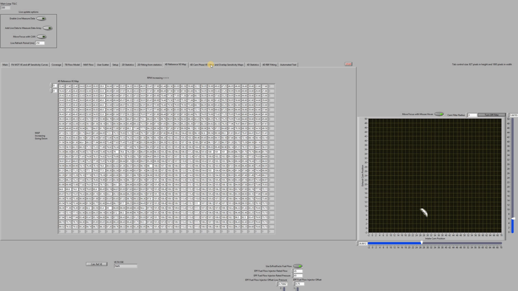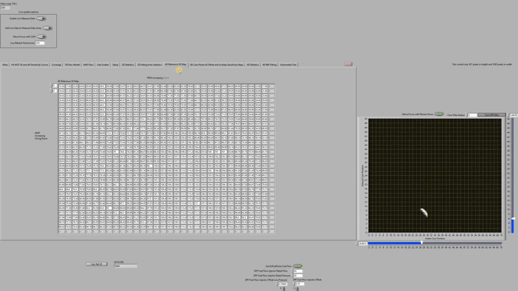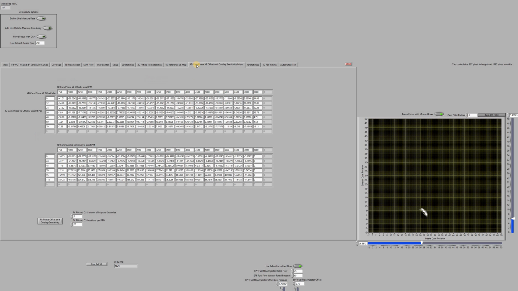That's just what I arbitrarily chose as the reference. The reference could be another cam position set, but basically the reference VE map is, for a constant intake cam position and constant exhaust cam position, a map of the engine VE as a function of speed and manifold pressure. That's the reference map.